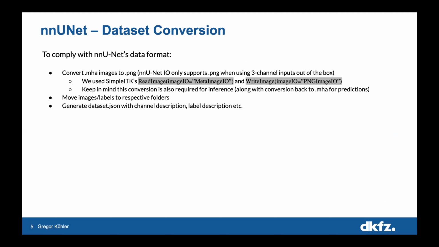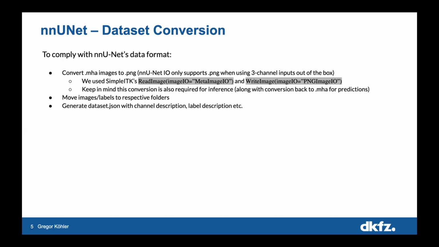Yeah, and to comply with nnU-Net's data format, we had to first convert the MHA images to PNG. This is due to the way the IO classes in nnU-Net are implemented, and at the time of this challenge, only PNGs supported 3-channel inputs, and the challenge data was in 3-channel.